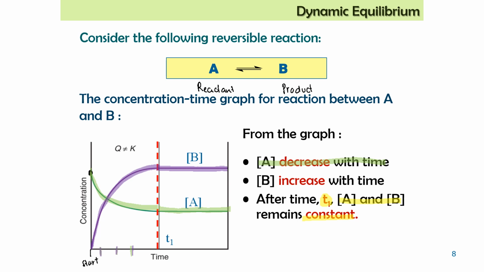It is not the same. You can see this has one value and here it has another value. For example, the concentration here is 1 molar, here it is 5 molar. The values are different. Constant means it becomes flat.